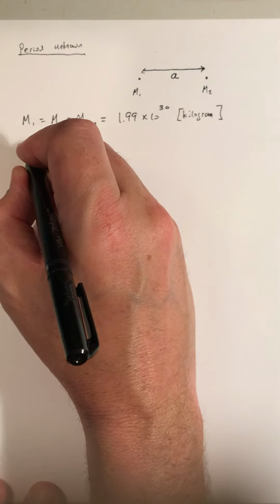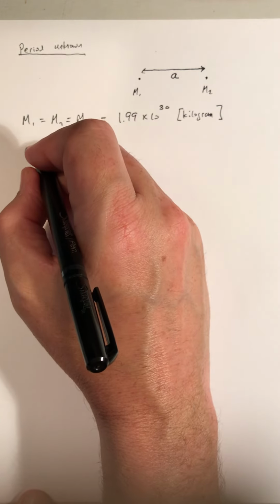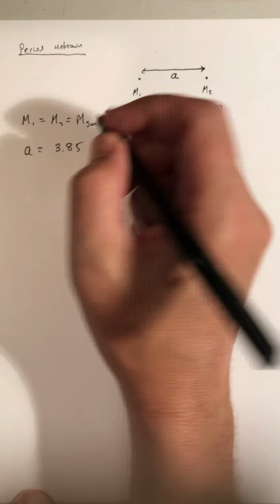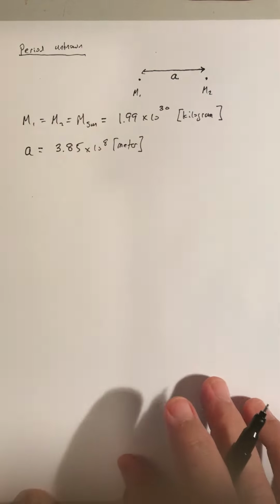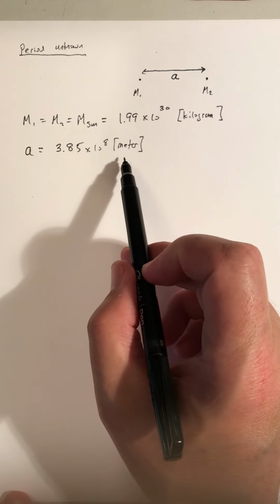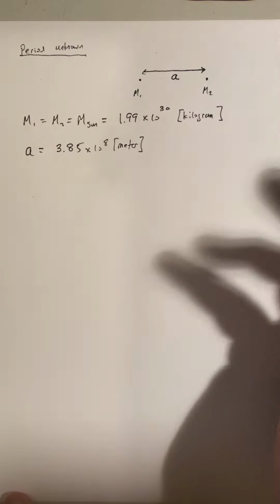And then if they're at the Earth-Moon separation, we just worked out what that is: 3.85 times 10 to the 8th meters. So we have a mass in kilograms, we have a semi-major axis in meters, so the period is going to come out to be in seconds.